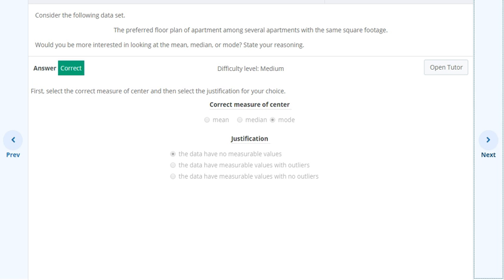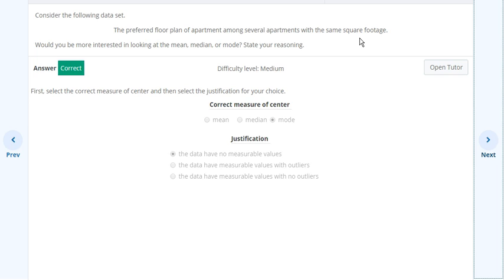In looking at example 3 now, we are to read it carefully. The preferred floor plan of an apartment among several apartments with the same square footage. I don't know if you're interested in or know about apartments, houses. They usually measure the area of all the rooms, and that's the number of square footage within an apartment or a house.